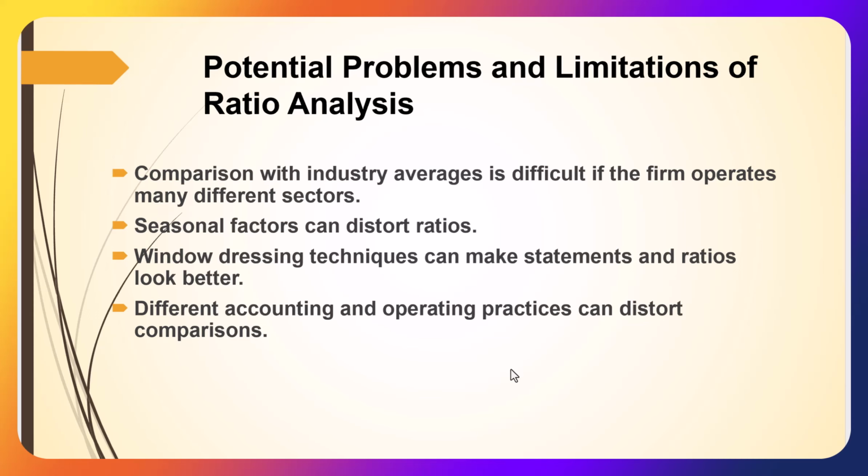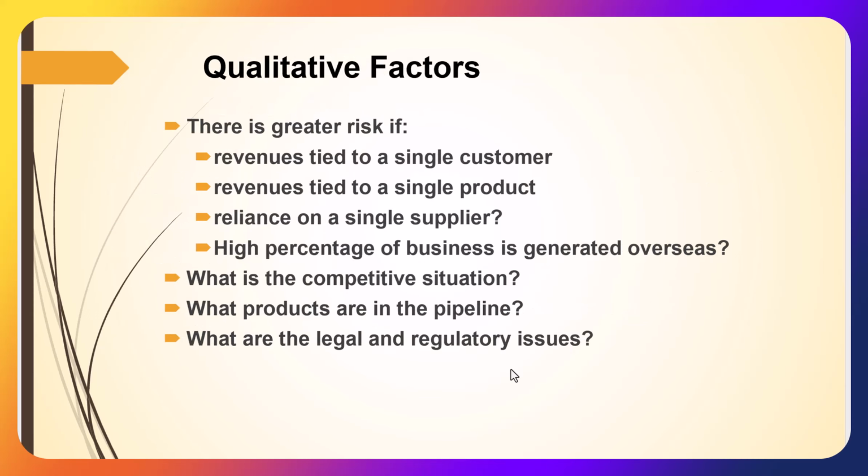In addition, there are a lot of what we refer to as qualitative factors. Okay, there's greater risk if the revenues that we see are tied to a single customer, if they're tied to a single product, if we're relying on a single supplier. What about if a high percentage of our business is generated overseas?